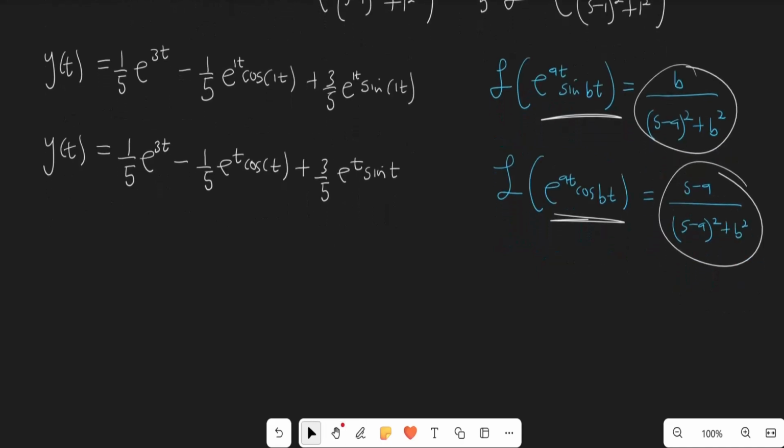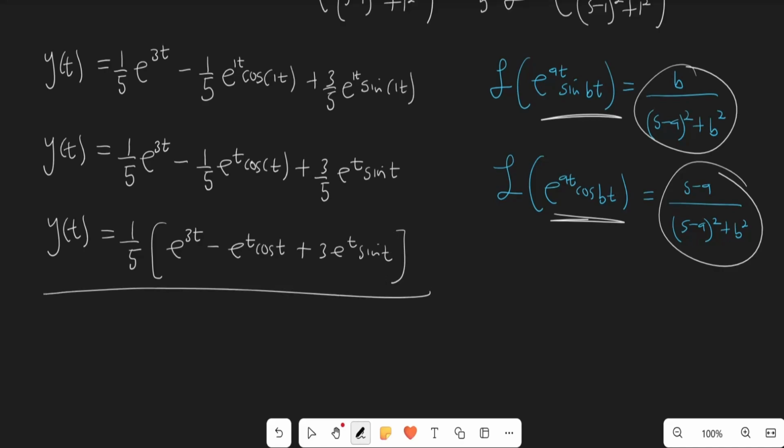This is a solution to our differential equation. For simplicity, 1 over 5 can be factored out: e to the 3t minus e to the t cosine of t plus 3 e to the t sine of t. And this is the beautiful answer to this differential equation.